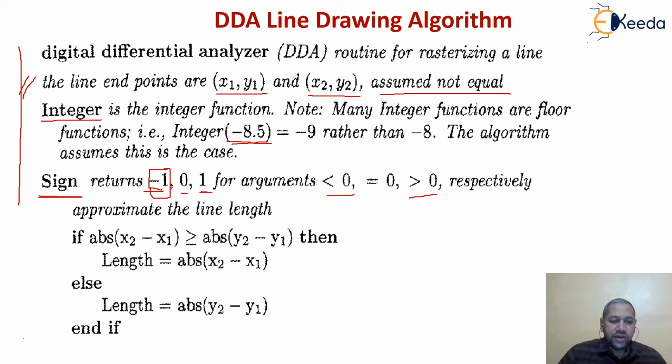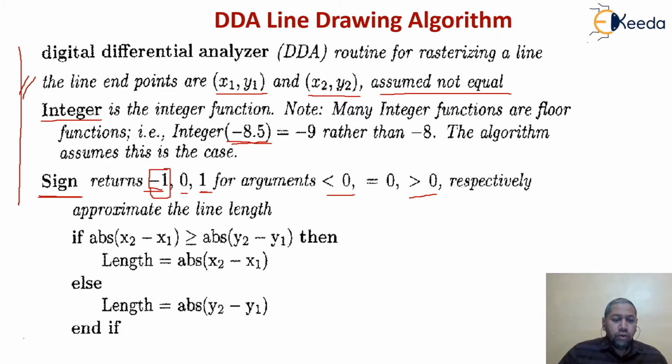Then I have the sine function, which returns -1 if the value is less than 0, 0 if it is equal to 0, and 1 if it is greater than 0. It is just to know whether it is negative, zero, or positive, and it is used for incrementing or decrementing.